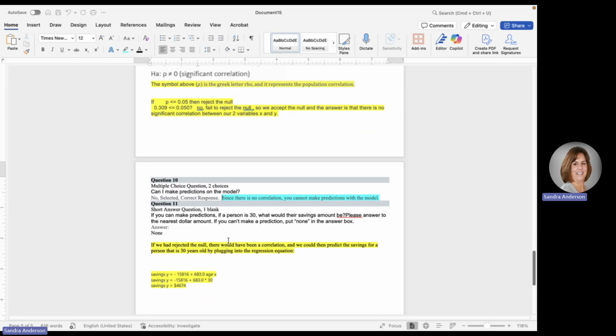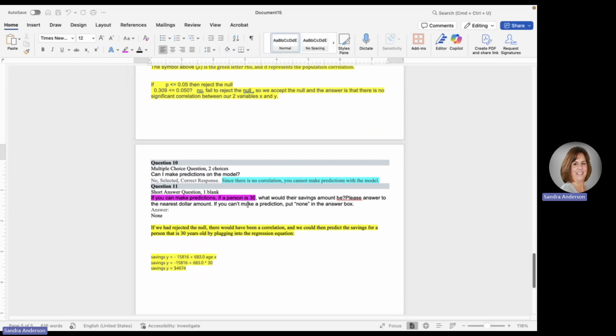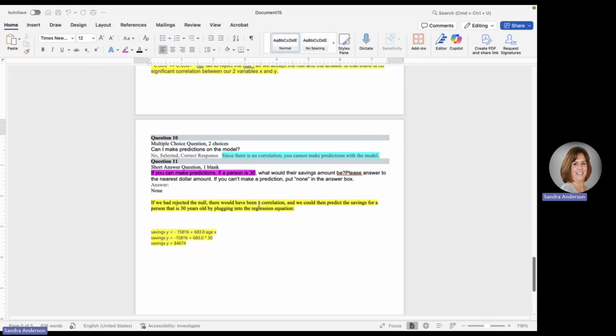And if there is a significant correlation, then you'll be able to make predictions, and then you would be able to do what I pretty much call, from algebra, plug and chug. So if you can make predictions, if a person is 30, what would their savings amount be? So if we had rejected the null, there would have been a correlation, and all you do is plug in that age to find out the answer.